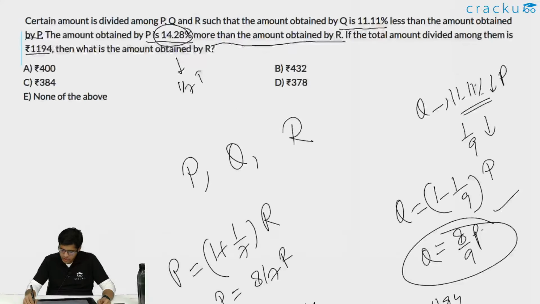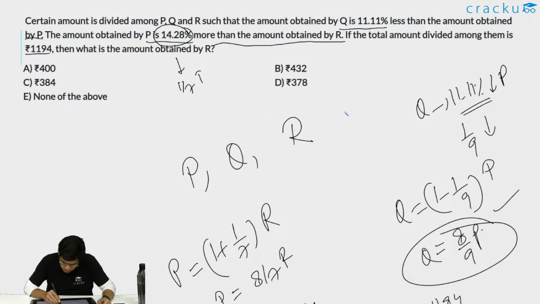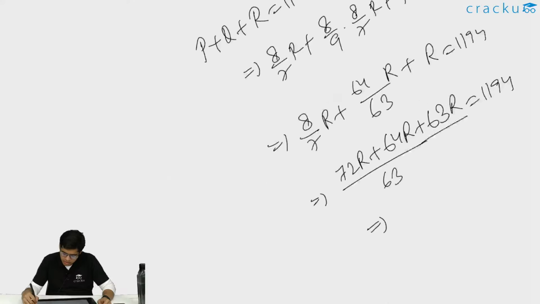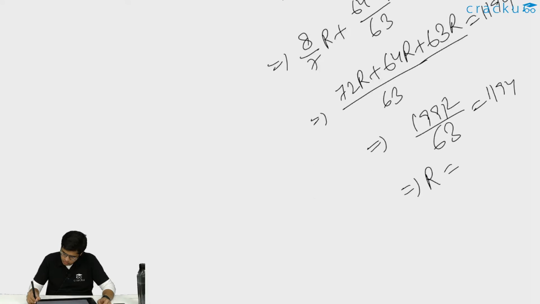Now 72 plus 64 plus 63 is 199. So 199R upon 63 equals 1194, or R equals 1194 into 63 upon 199.